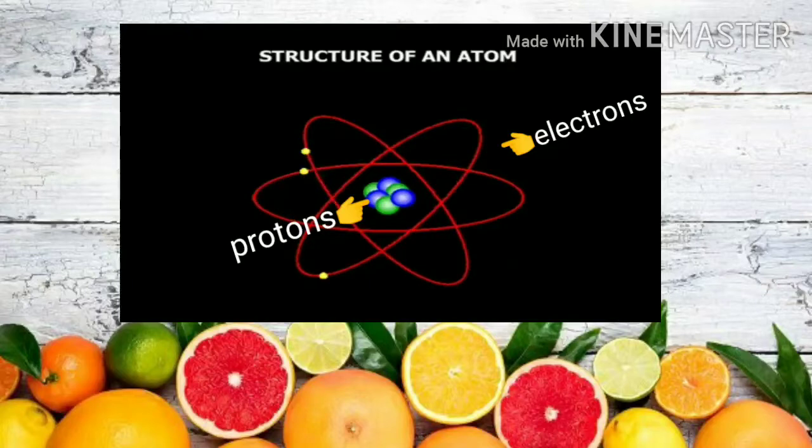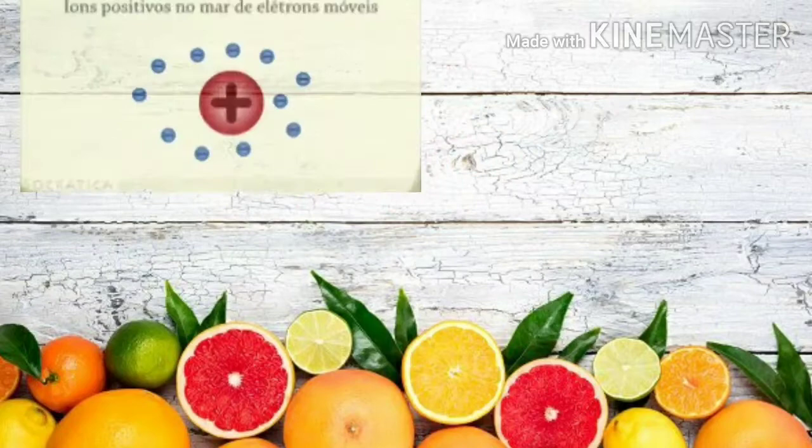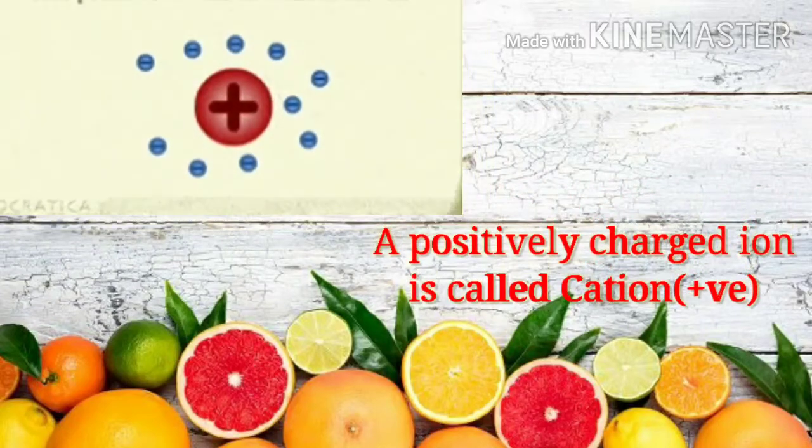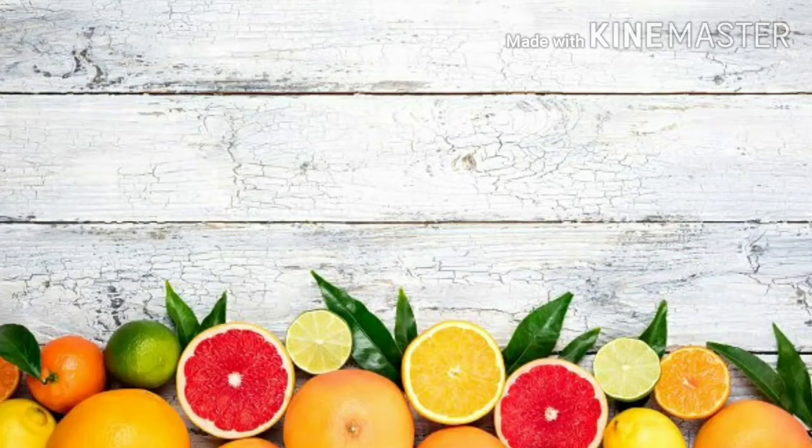In an atom there are equal number of protons and electrons. When an atom loses an electron, it becomes positively charged. Here you can see the formation of a cation. Electron is being removed from the atom and the atom becomes positively charged and it is called cation.